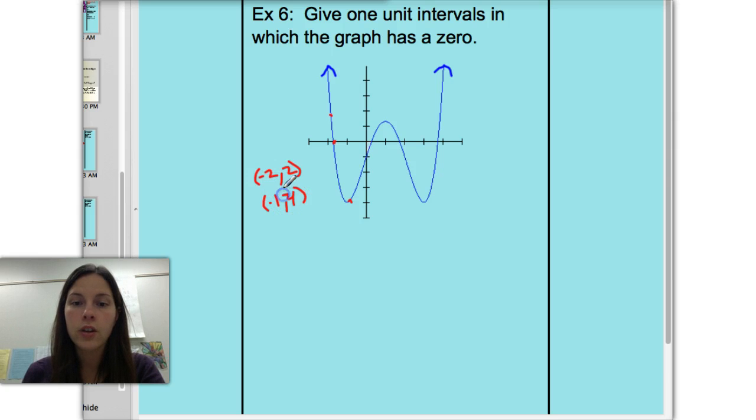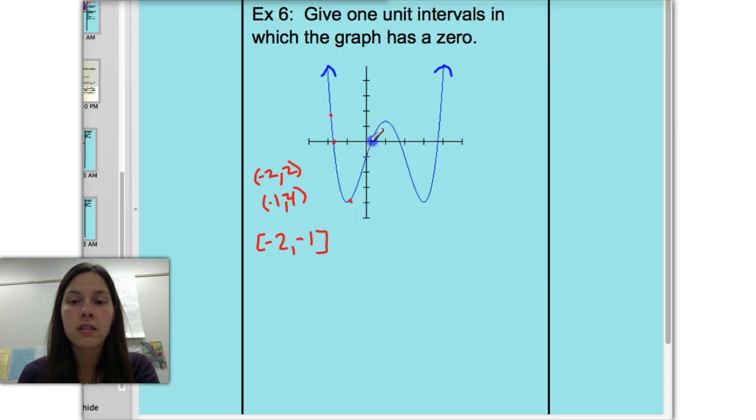Oops, sorry, -4. So because a 0 occurs between 2 and -4, the 0 of the function is between -2 and -1. So the first interval on which we have a 0 is from -2 to -1.